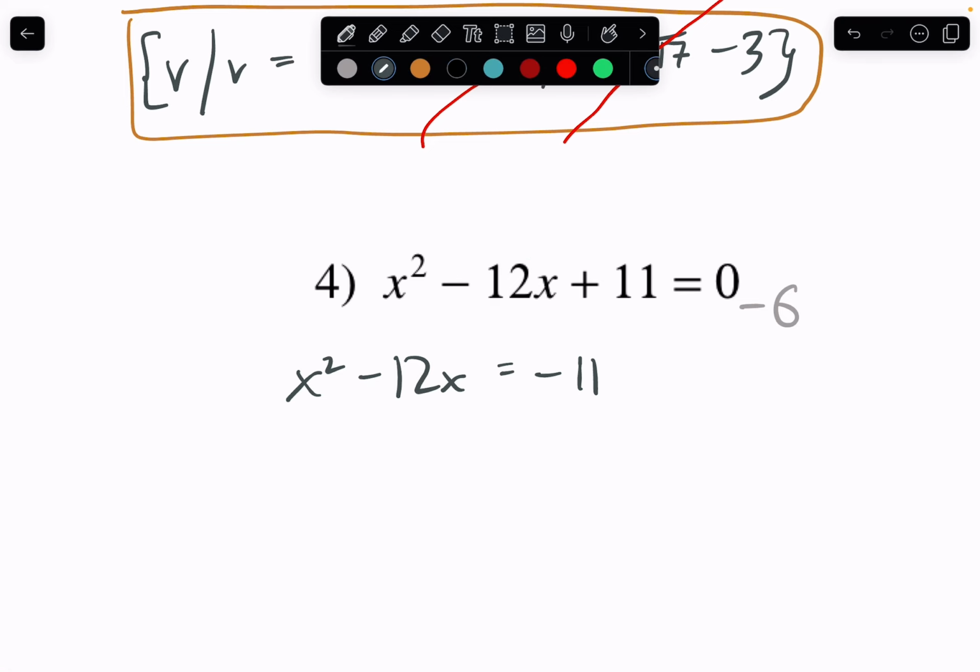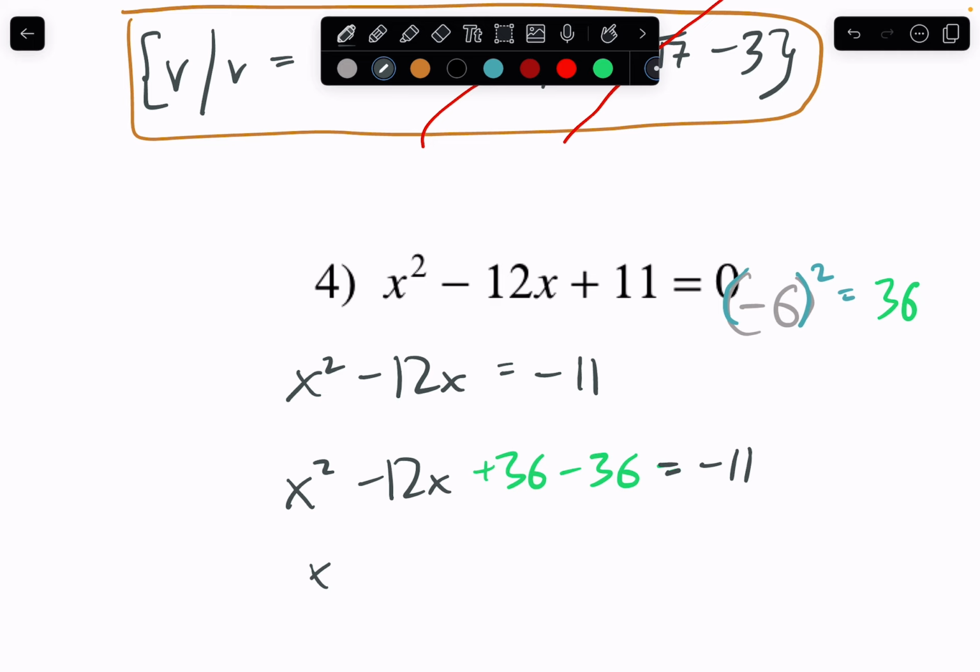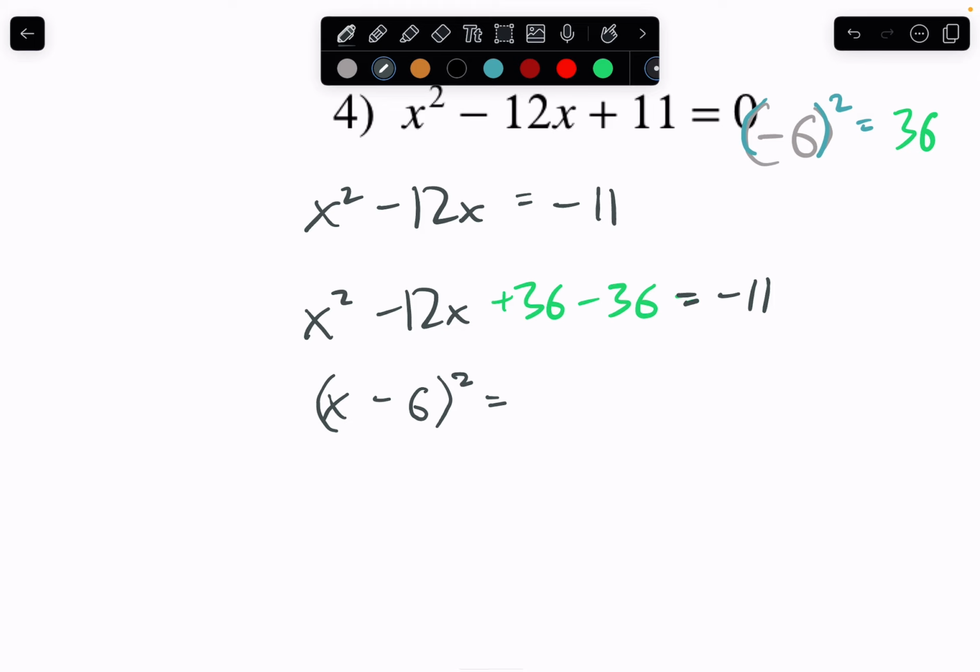So, okay, what's next? We have negative 6, right? And we have to square it. That's going to equal 36. So x raised to 2 minus 12x, and then we place plus 36 and then minus 36 is equal to negative 11. Negative 6, negative 6. So that's x minus 6 raised to 2. 36 minus 11, that's going to be 25.